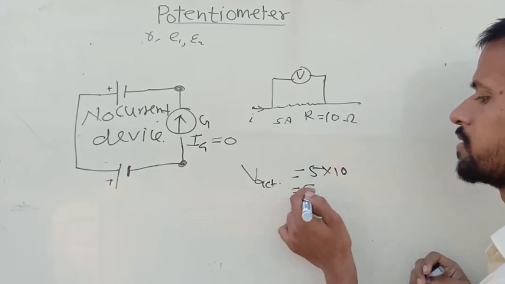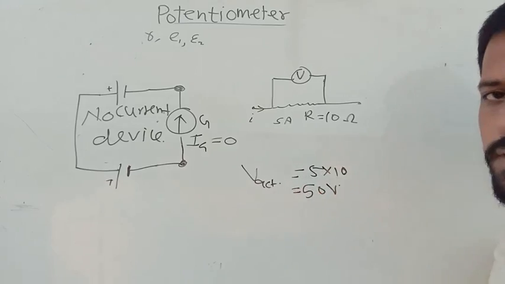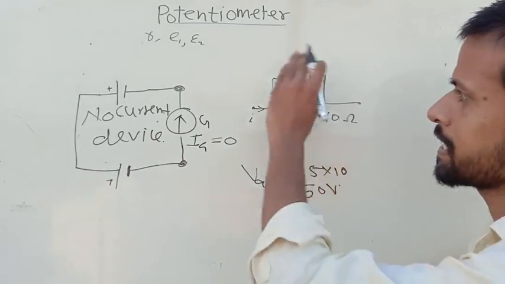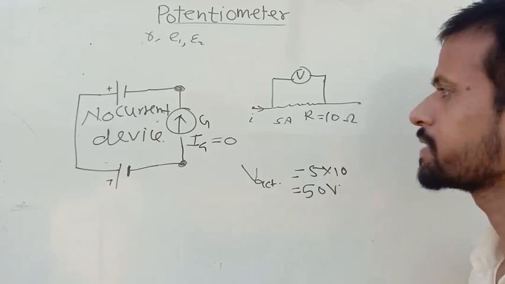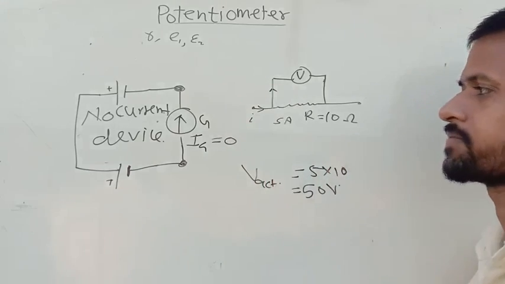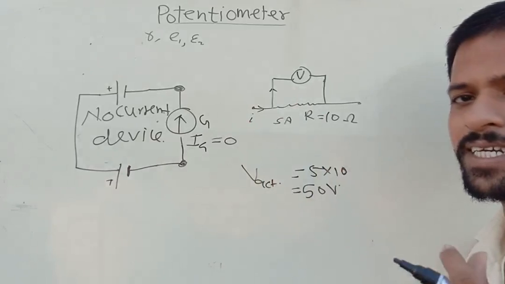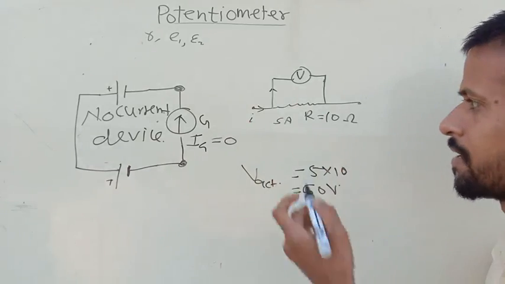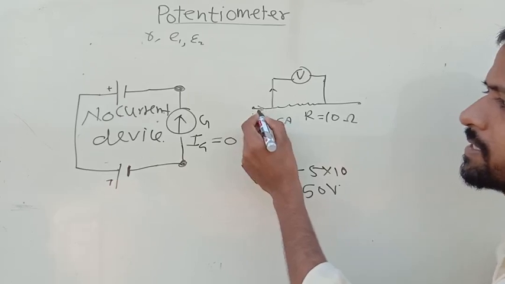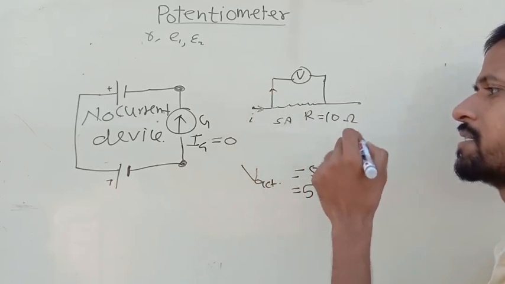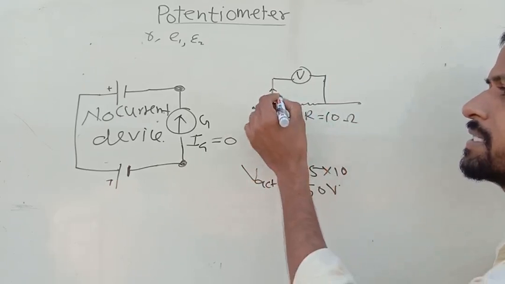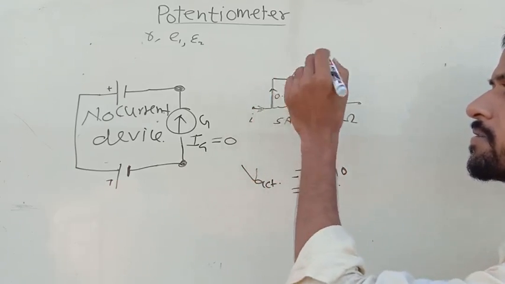This is 50 volt. But for operating the voltmeter, it requires some current. Then from where does it get current? If 5 is flowing in this and we connect V, then some of the 5 is flowing to operate the voltmeter.